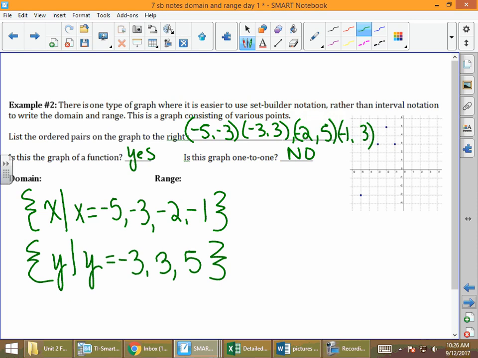We don't need to write the 3 again. It's a repeated value. So there's our domain and range of this function, but not one-to-one. When we've got ordered pairs, that's when we use that set builder notation.